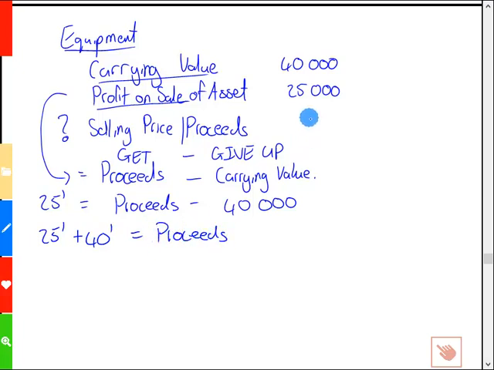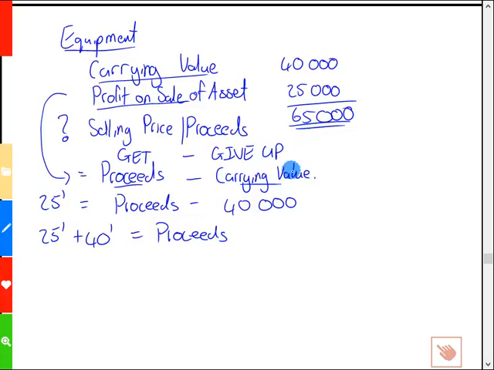Therefore it's going to be 65. Do you understand the logic? You need to know the logic, otherwise if they give the figures to you a little differently, you don't know how to calculate that. Profit or loss is the proceeds, what you get, minus what you give up, the carrying value. Alright, so that's the proceeds.